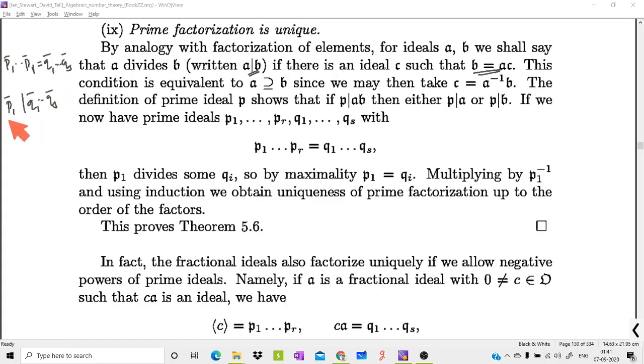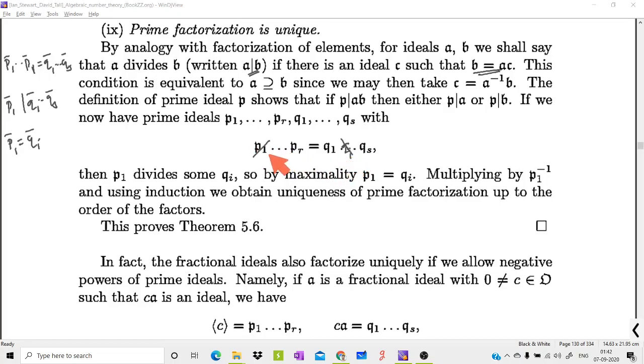Then we can say that P1 divides one of them. First we get the inclusion, then because every prime ideal is a maximal ideal, we get P1 equal to some QI. Then we can cancel P1 with one of these QIs.